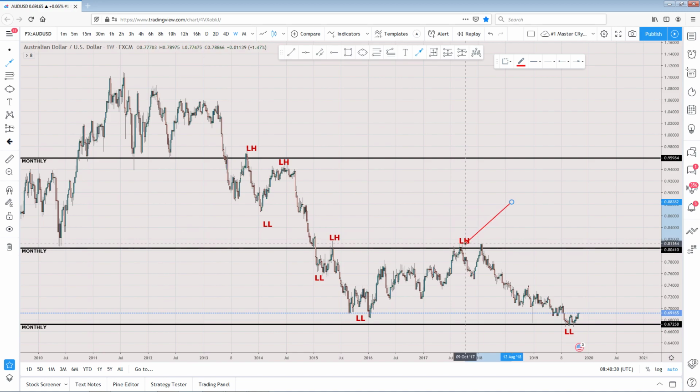We were at a lower high point. We made a double top. This monthly level acted as resistance, and we dropped down. So you could have sold here, and it was so obvious that we tested this level before. It was so obvious that at this level we were either going to find support or resistance and then run away from it, and we did.